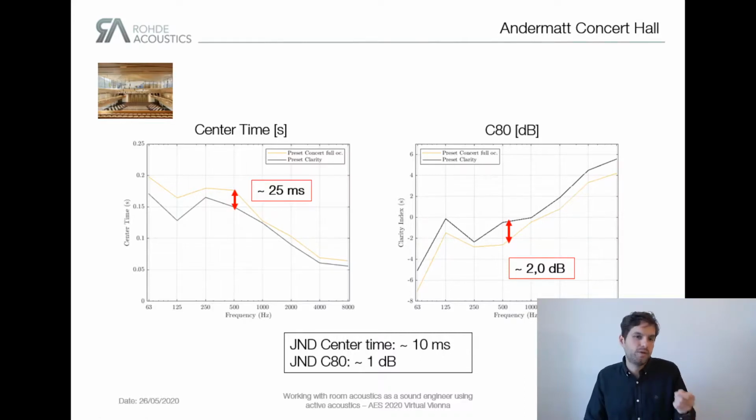And this provides a big difference in sound when you are sitting in the hall listening to some music. And it can be seen that the changes are well above the just noticeable differences of center time and clarity.